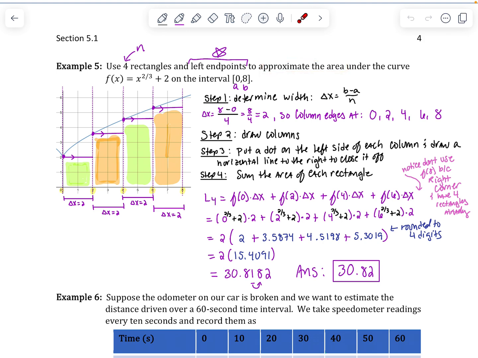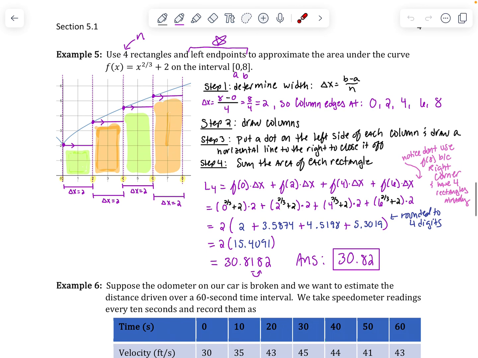But remember, I'm doing all of this to approximate the area, because unless you go to infinity and take the limit, rectangles are not going to be exact. So for an L4, 4 left endpoint rectangles under this curve, I need to take the height of the first rectangle times its width. We've already decided that the width is 2 every time, which we can just factor out.